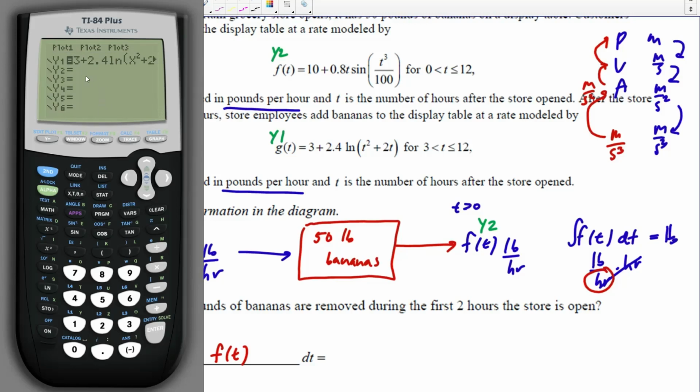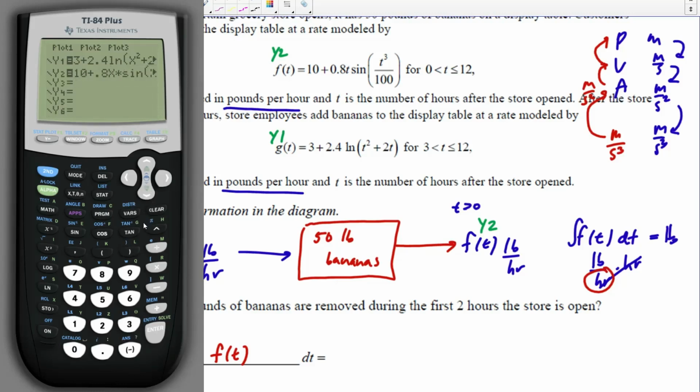Right here, y2 is going to be 10 plus 0.8 times t. I think I could just put the x there, times sine. I like the multiplication symbol, so I'll leave it, but I don't think we have to have it. x to the third divided by 100. Okay, I'm done with y2.